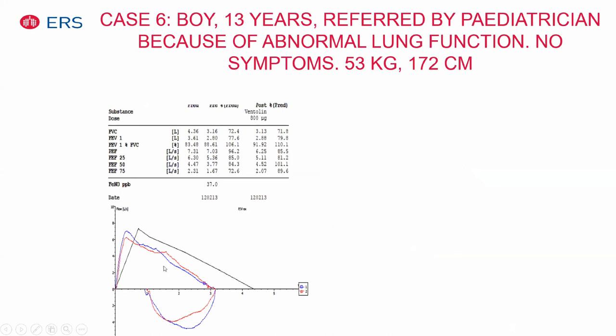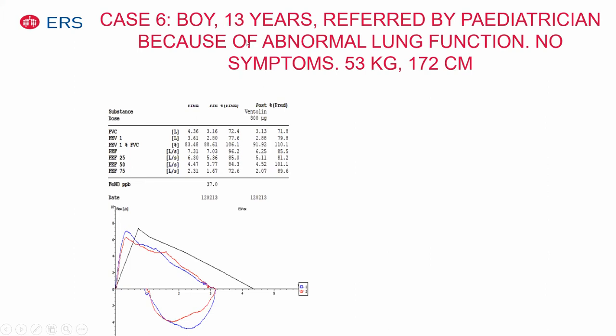Okay, and now we come to some more general issues here. Again, case 6 is a boy of 13 years of age who was referred by a pediatrician who had done spirometry for a suspected asthma, but got low lung volumes, and he was referred with suspected restrictive lung disease.